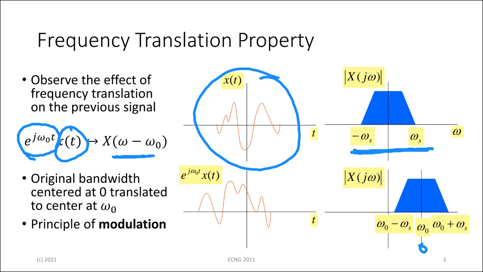Now, this is why we are able to communicate, why you're able to listen to a radio station in your car, and why you're able to talk over your cell phones. This is the principle of modulation. I don't know if you're doing any communications as yet, but remember what modulation does.